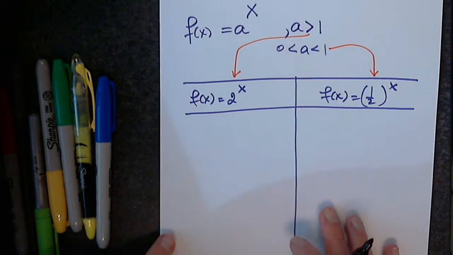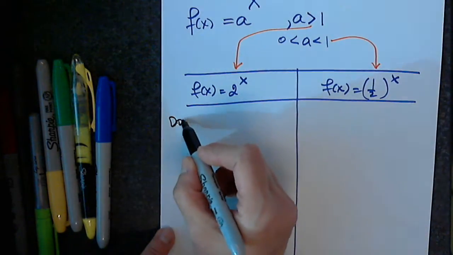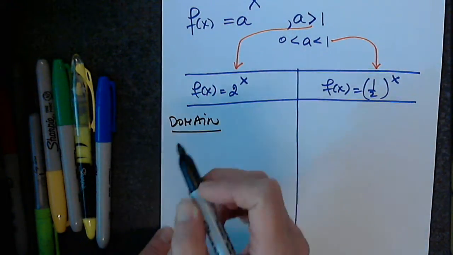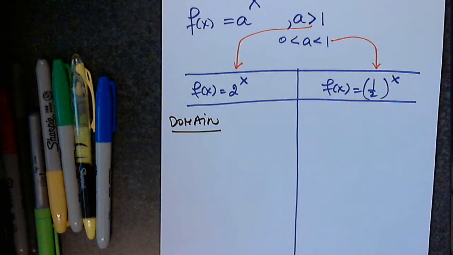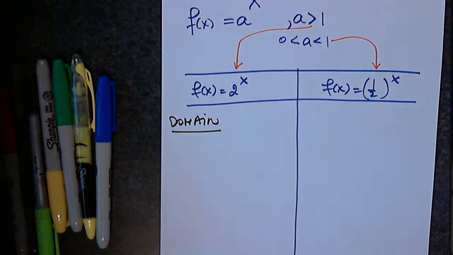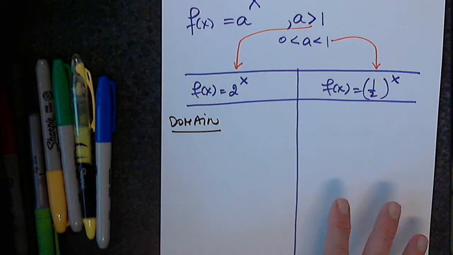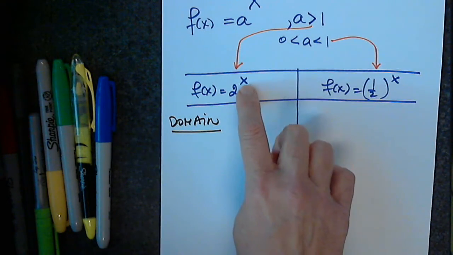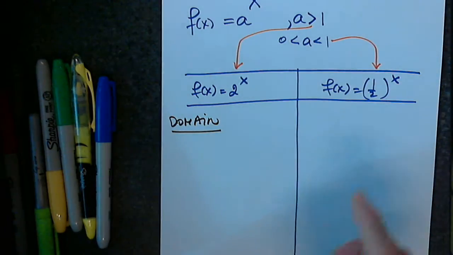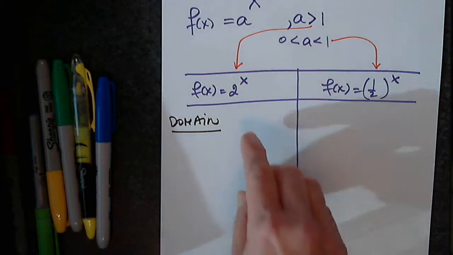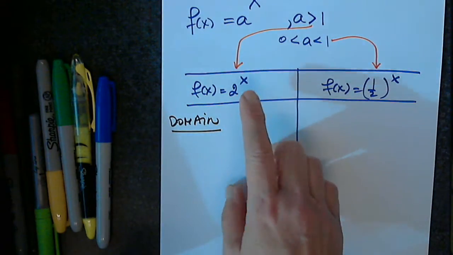Okay? So I have to find the domain first. Every time I'm asked to graph a function, I know that I have to start with the domain of that function. So the domain refers to x. It does not refer to the base, right? So the question is what x can be. Can I raise 2 to the second power?